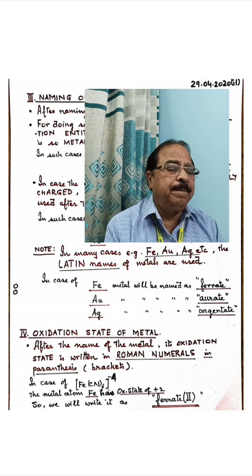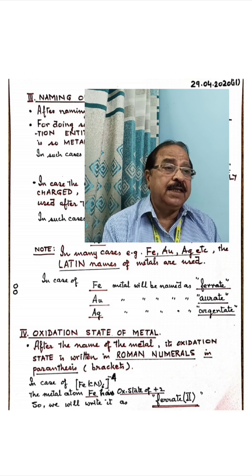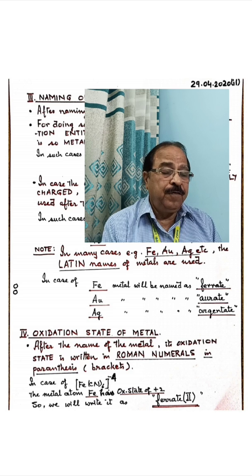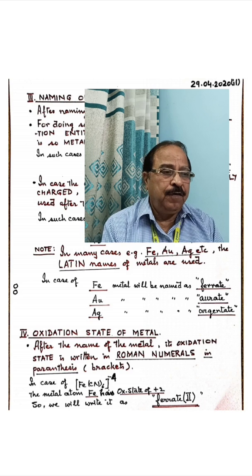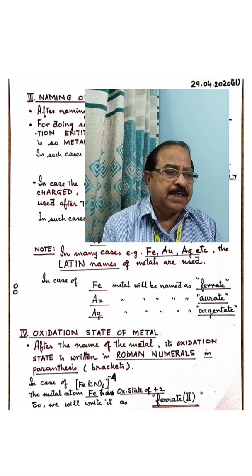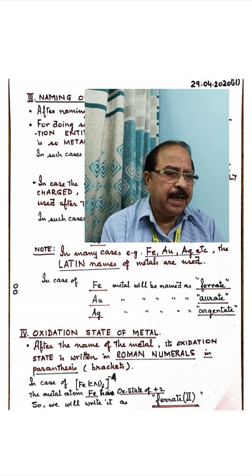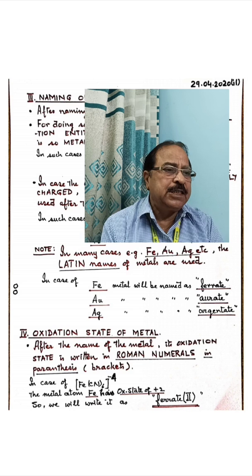Now a very important thing: when we are writing the names of the coordination compounds, we have to use small letters. In books you will find somewhere that capital letters are given. You may commit a mistake, so my advice to you is that you always write the name of the coordination entity in small letters, and you don't have to write them separately.